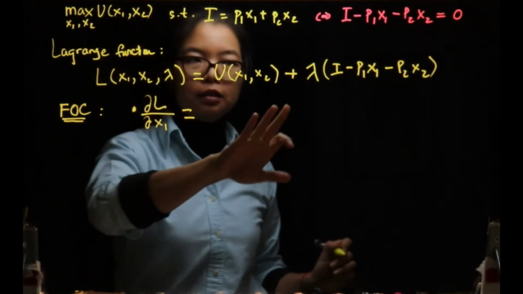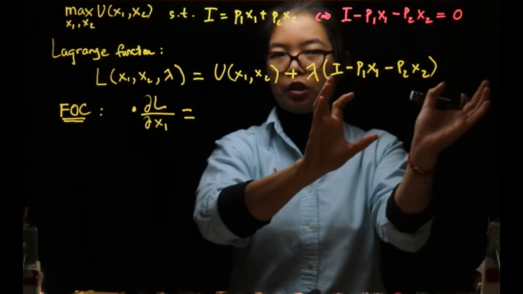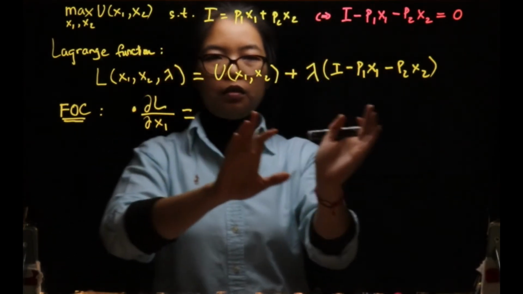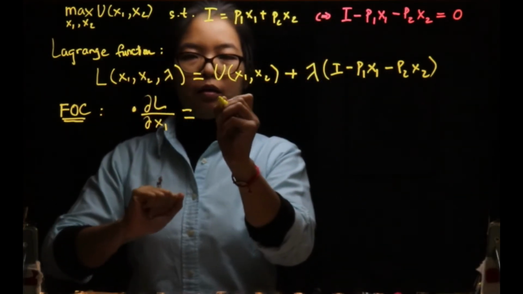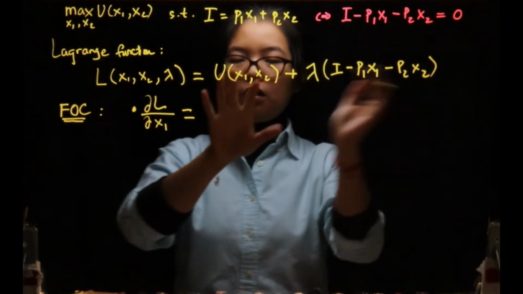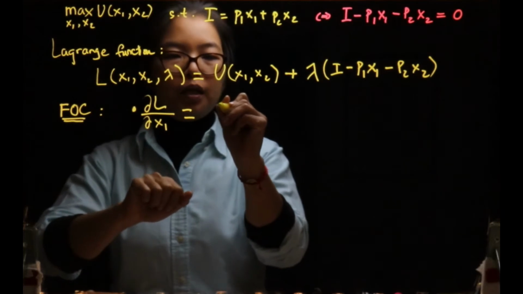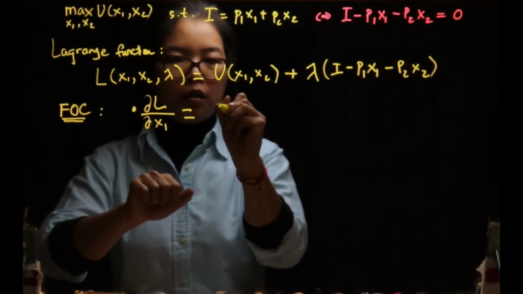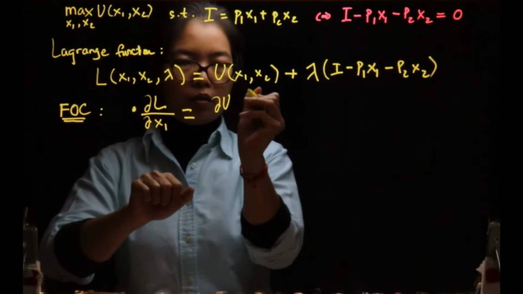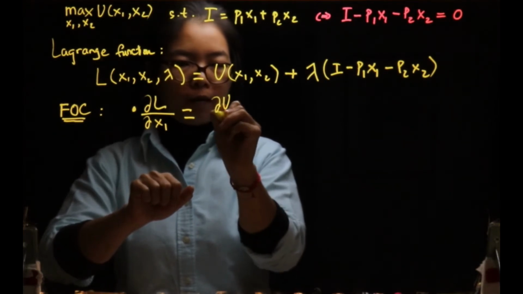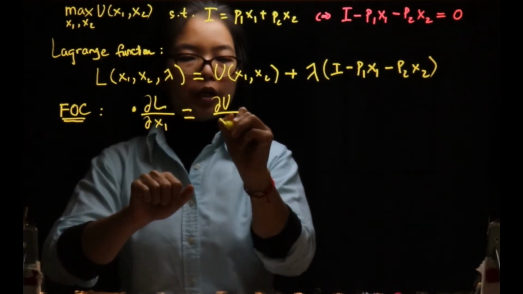In this case, there are two separate functions, so the derivative is the sum of the derivatives of the two separate functions. So we take the first derivative of u with respect to x1.